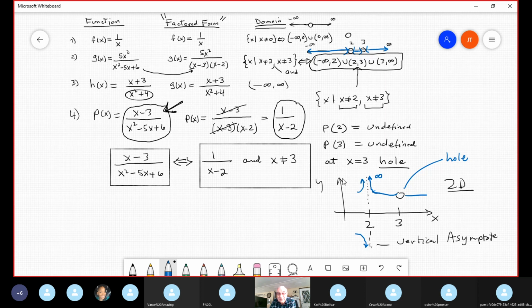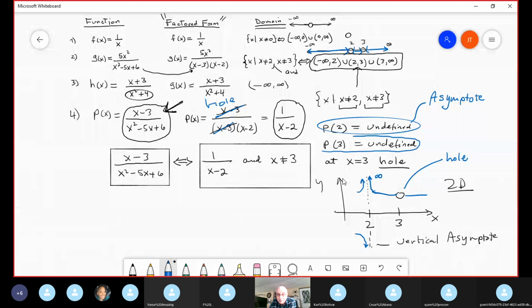This is the difference you need to understand between 2 and 3: both are undefined, but in 2 we have an asymptote. How do you know? When you eliminate the factor and it gets canceled out, it's a hole, always. In 3 we have a hole.